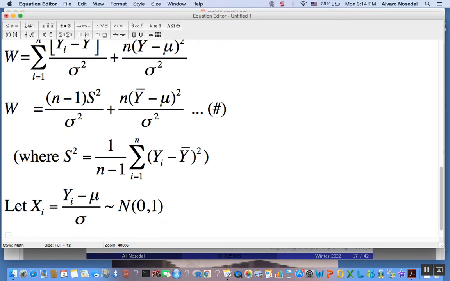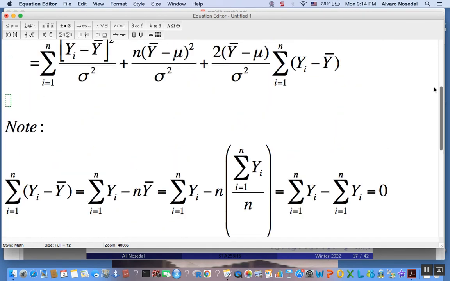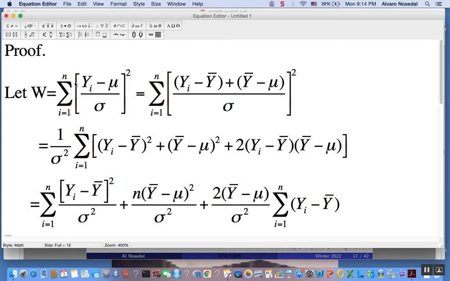So it is a standard normal. I'm just reminding you what we observed at first, that W is the sum of n standard normals squared.